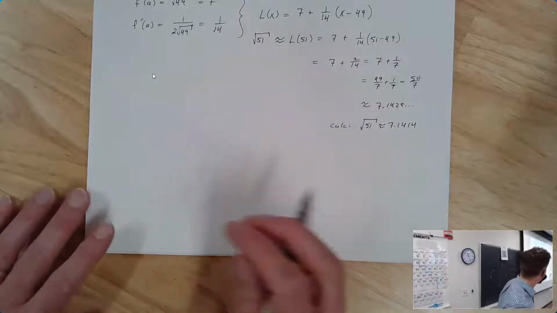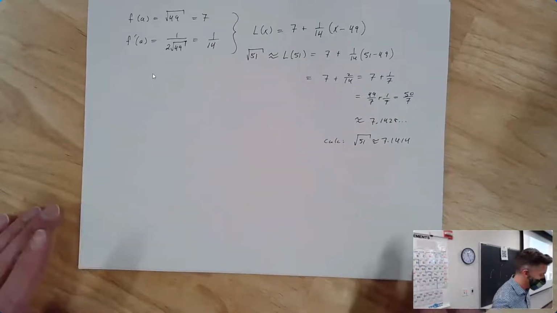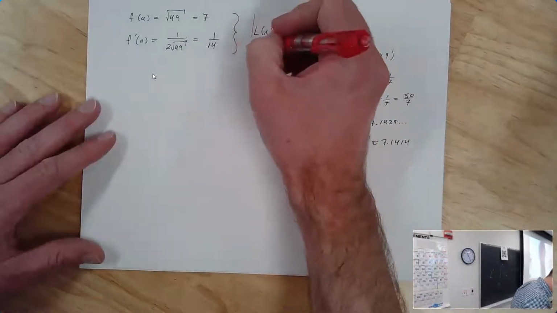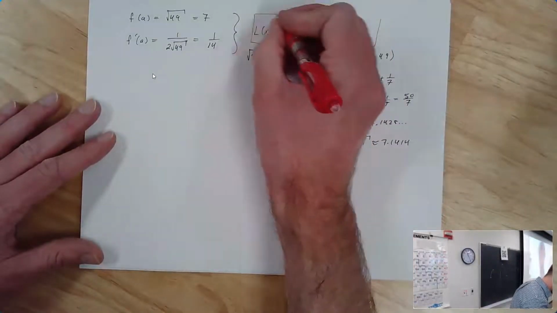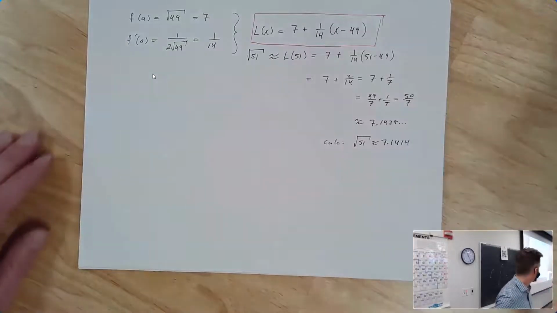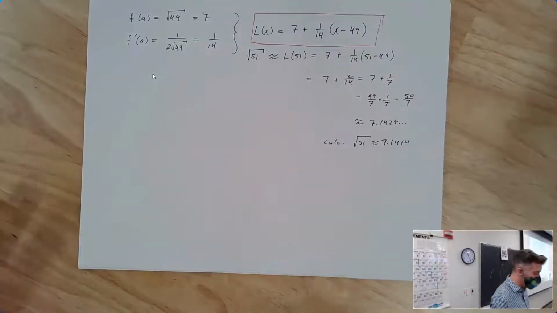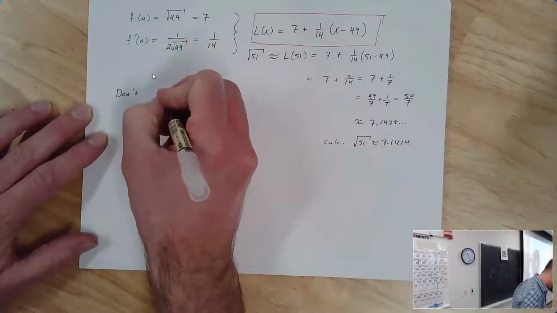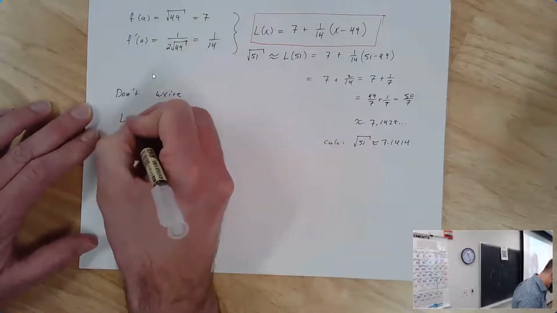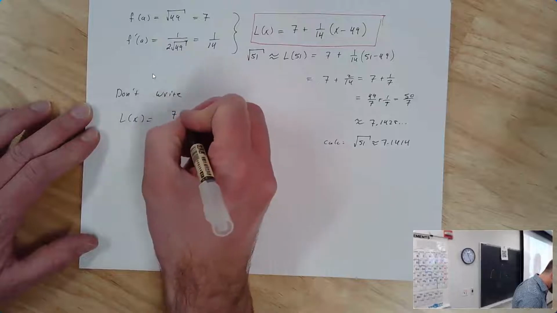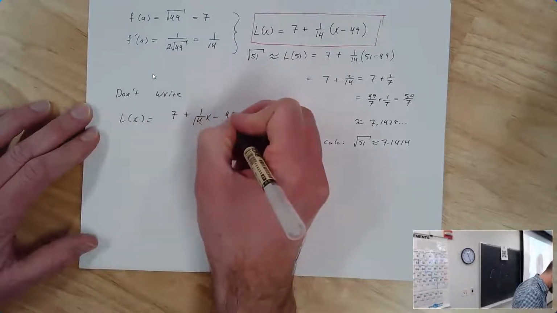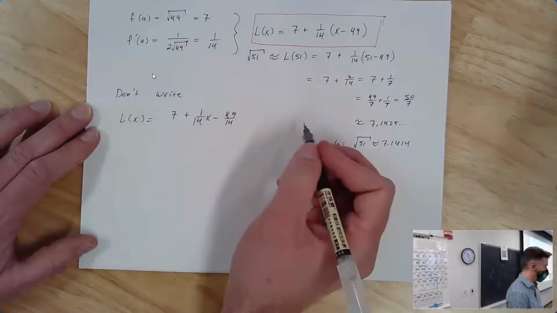A couple things I want to point out with this linearization idea. One thing to be aware of is you don't want to simplify this. Meaning it is not in your interest to say that L of x is 7 plus 1/14 times x minus 49, and then put those together.